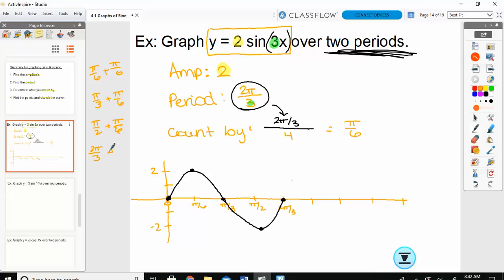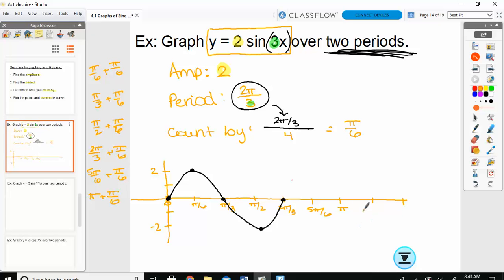So you're at 2 pi over 3 plus pi over 6. So that's like 4 pi over 6 plus 1 pi over 6 is 5 pi over 6. 5 pi over 6 plus pi over 6 is 6 pi over 6, which is pi.